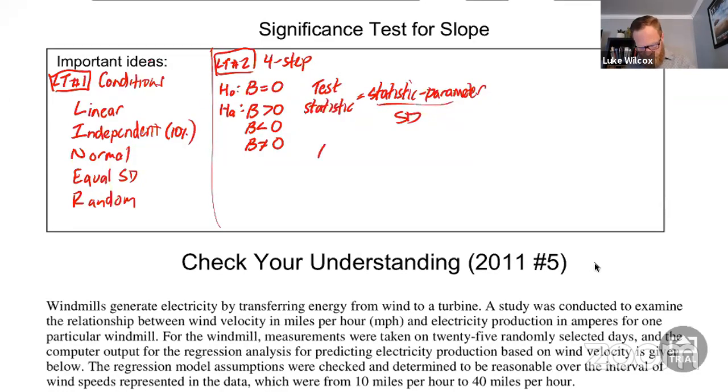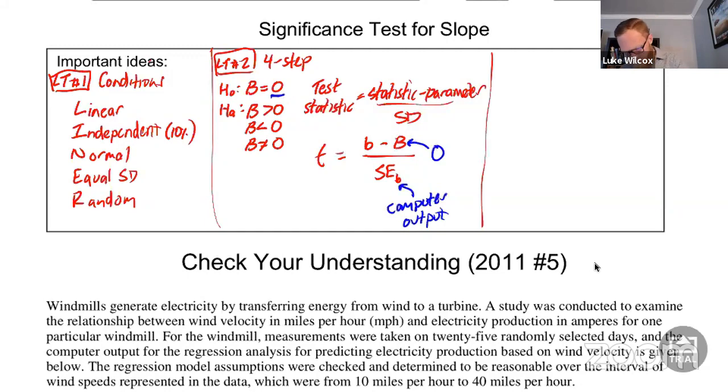And for us, it's going to be a t-test statistic here. We're going to use the sample slope b minus the population slope beta all over the standard error of b. And I'm going to point out a couple of things here. This value is most likely going to be 0 from the null hypothesis, right? And this value right here, it's not likely you'll have to calculate that. You'll be able to get that right from the computer output.